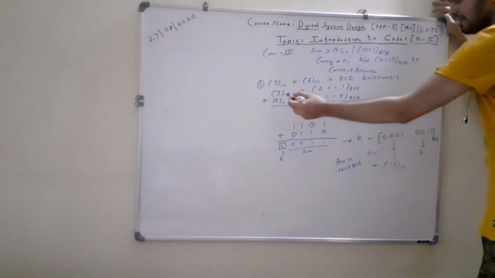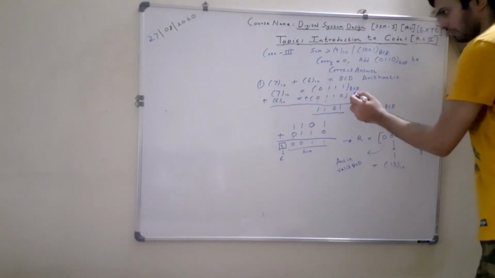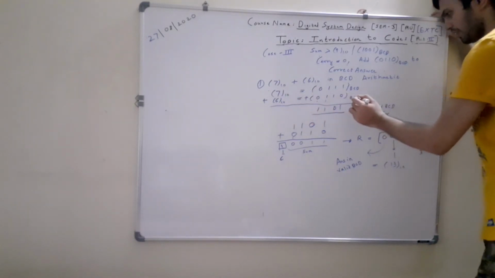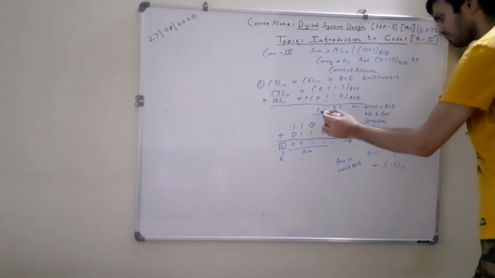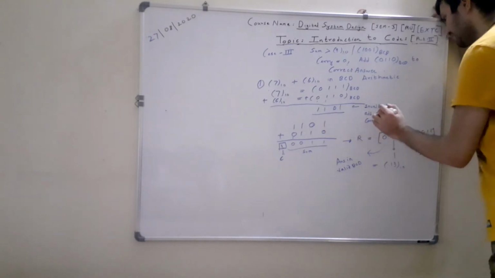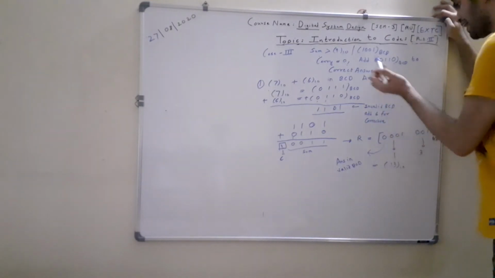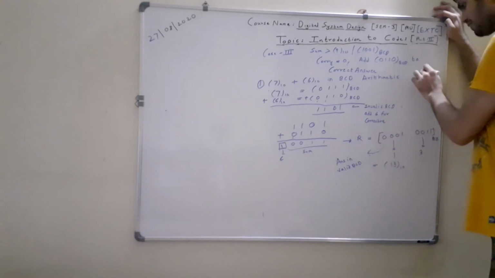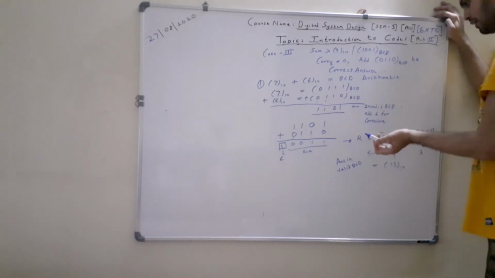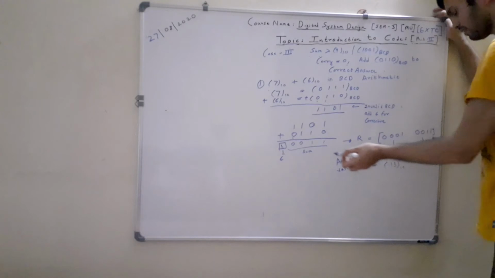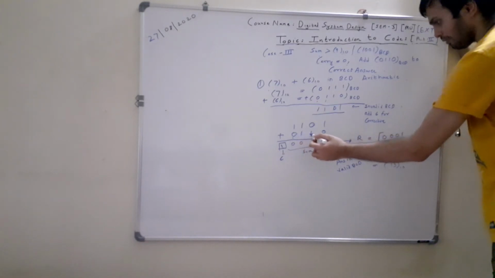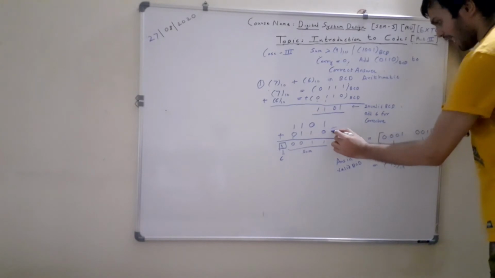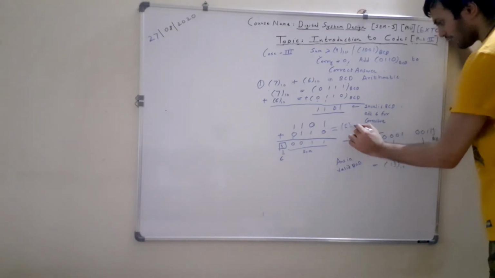Now how will you add? You will write 7's BCD representation, write 6's BCD representation, and add these two. The result of this addition you will get as 1101, which is invalid BCD. So according to this case also, we need to add 6 in order to get the correct result. So I have added 6 in BCD form, that is 0110, for correction.